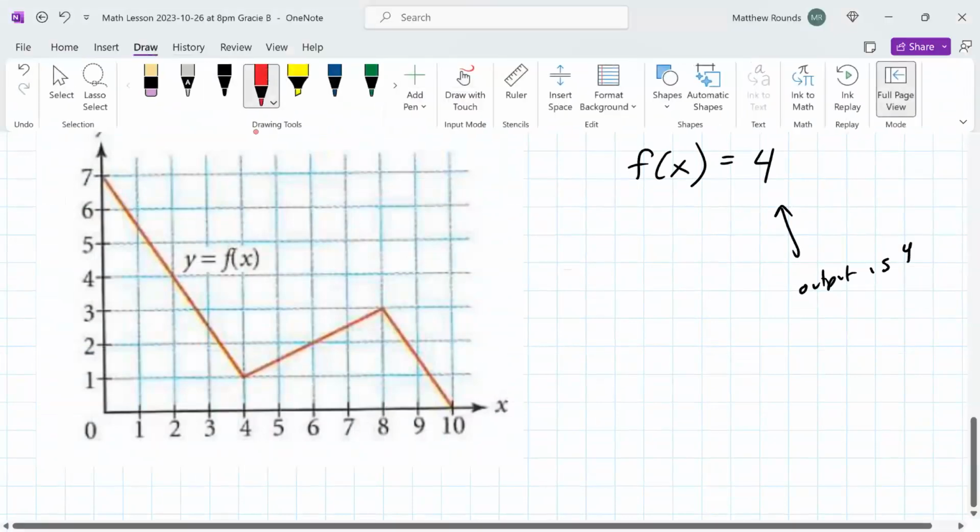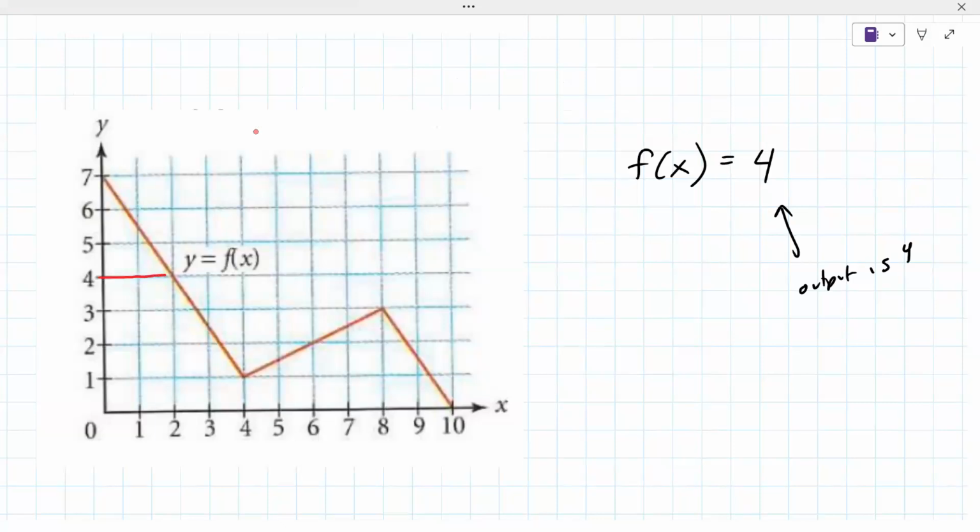I'm going to draw a red line where the output is 4. Where do they intersect? What's the x value there? 2. So what this is saying is that x is 2. When x is 2, y is 4. That's what this is saying here.